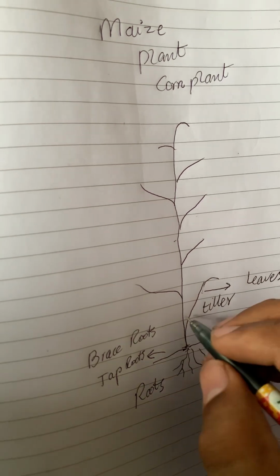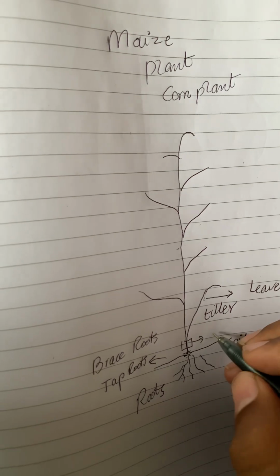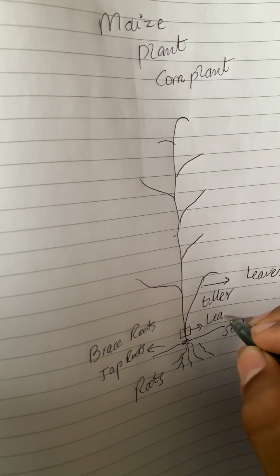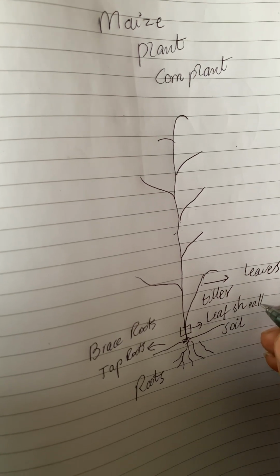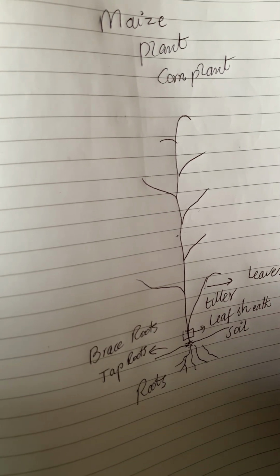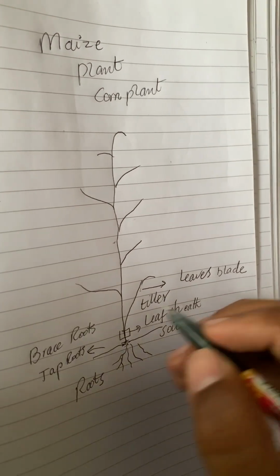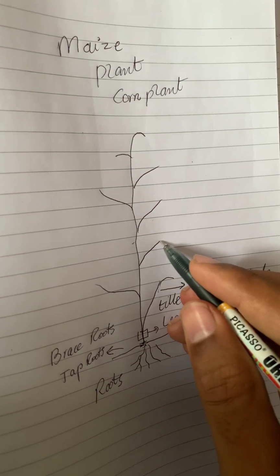You can say the leaf has two parts. From here it will be named as the leaf sheath, and this will be the leaf blade. These are the same leaves.